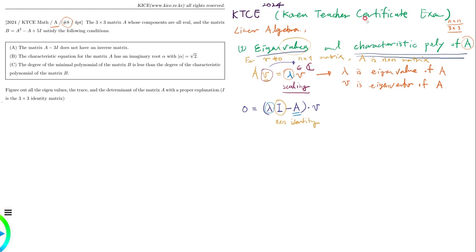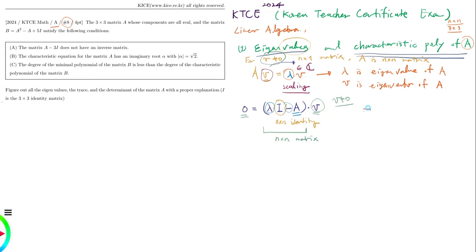They are not matched together for the addition operation. Okay. So the whole thing, lambda I minus A, is an n by n matrix, and when you multiply it by some non-zero n by 1 matrix, the result is 0.